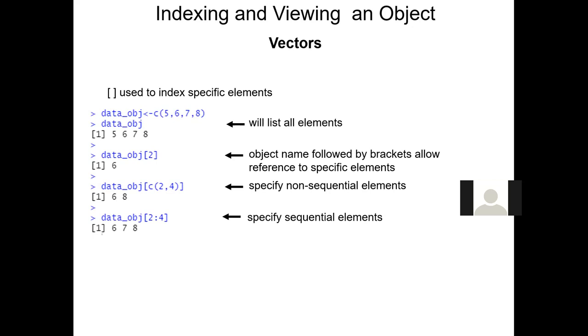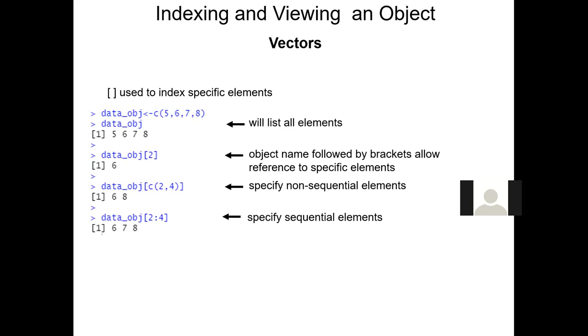And one of the special symbols you can use in the next example, if you want to look at elements that run in sequential positions, like from position 1 to 3 or whatever, you can use this colon symbol, specifying the first element, which in this case is 2, going to the 4th element.